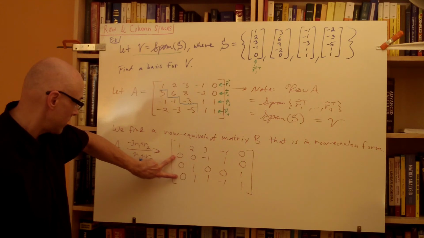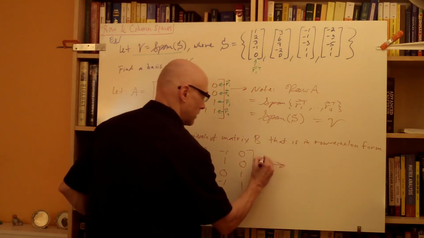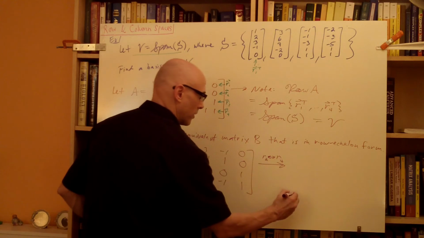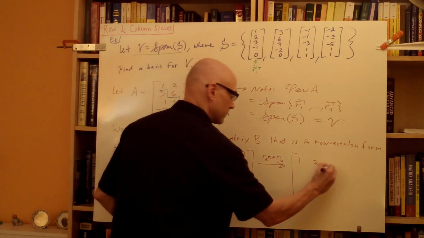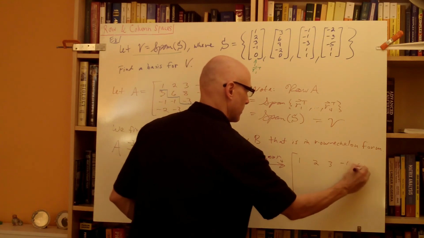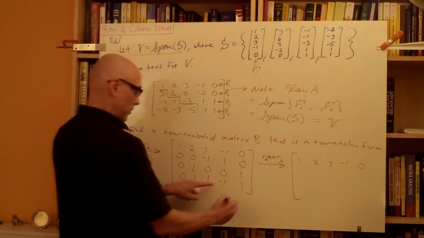So you can interchange what would look best. I think it would be best to interchange 2 and 4. I don't think it makes much of a difference. So R2 will interchange with R4. So the bottom row is here now: 0, 1, 1, -1, 1.